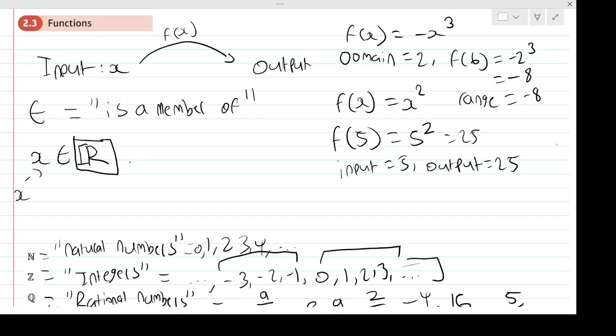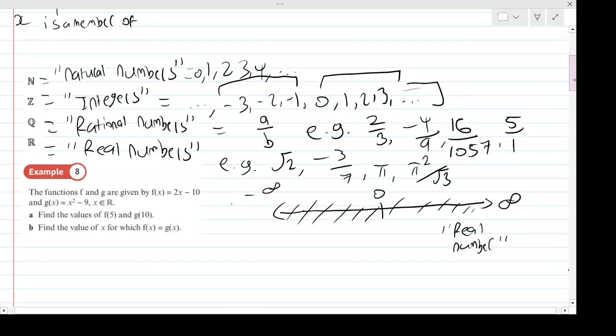So this symbol is saying x is a member of, and then this R means real numbers. Okay. So what this is essentially saying is the value of x belongs to the list of real numbers, right? So remember, real numbers is kind of like a list.